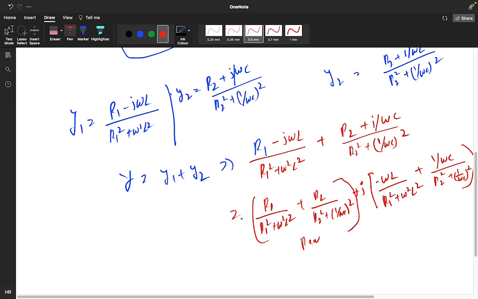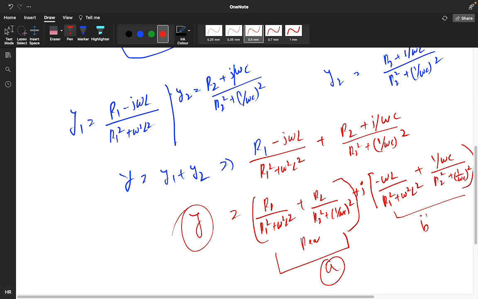Right? So this is your imaginary part. This is your real part and this is your imaginary part. Means this is your A part and this is your B part. So like this way you have to solve this kind of network.